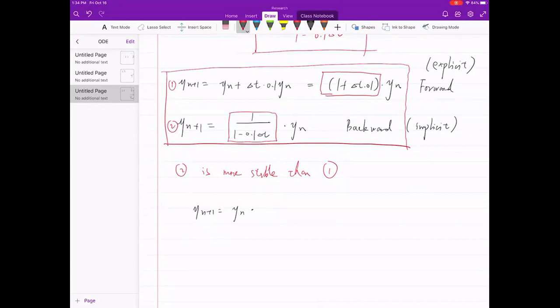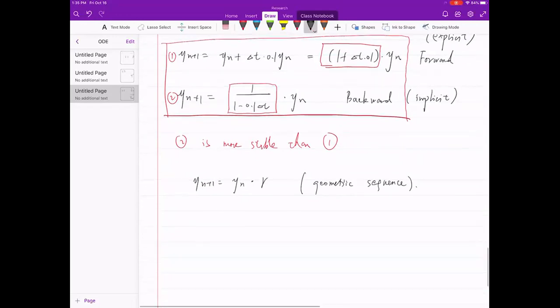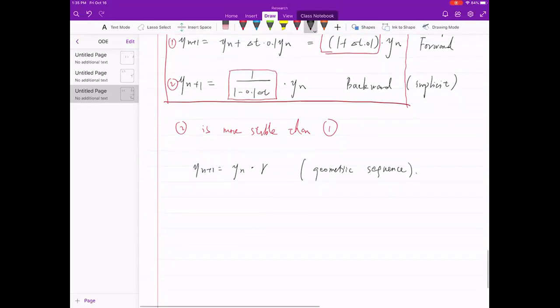So basically, you will have a geometric sequence. Then which one is stabler totally depends on which one is more likely to go to infinity sooner than the other one. Or it's the same as which one has a bigger ratio. So it becomes a matter of which one is bigger.